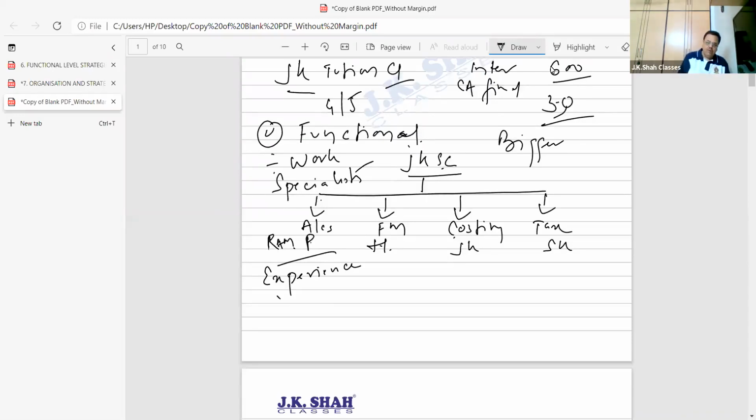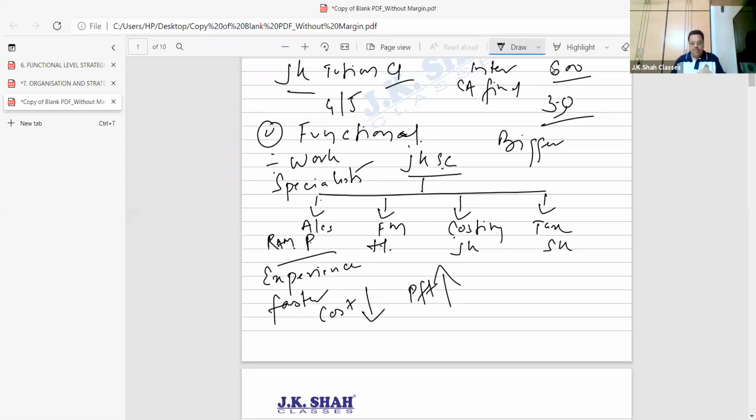Beta, the work becomes faster, cost becomes less, profitability increases, and the business which was on a smaller scale starts performing on a medium scale. That is functional structure. Good.